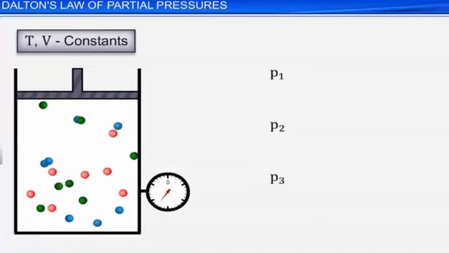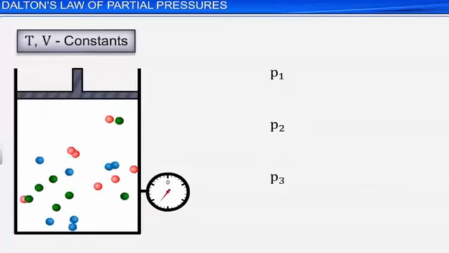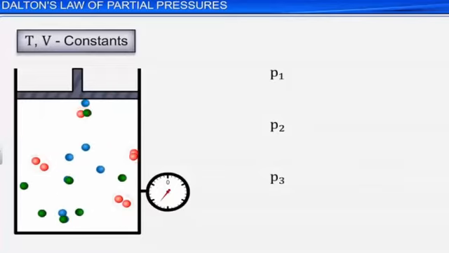Now, by applying the ideal gas equation, the partial pressure of gas 1, that is P1, is equal to n1RT divided by V.